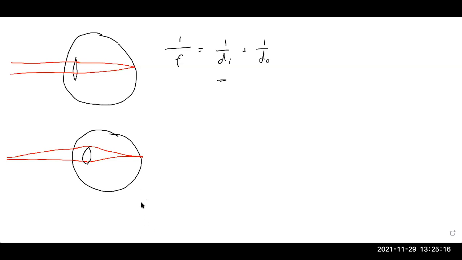Which is really cool. That's a neat ability to have. So that's why we are able to see things clearly at different distances. If you're looking at something closer, the eye adjusts to focus a little more strongly. And if you're looking at something farther away, the eye adjusts to focus less strongly.